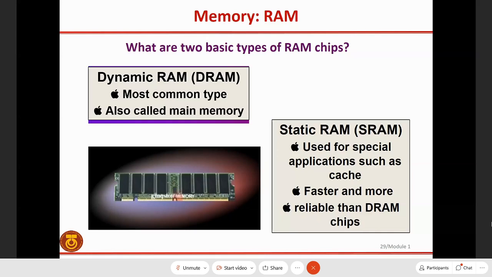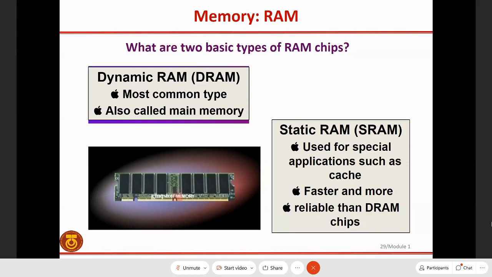What's the difference? EPROM and EEPROM are actually an evolution of the technology of ROM. When ROM first started to be manufactured, it could only be written once. Once you write the program, you cannot erase it anymore.